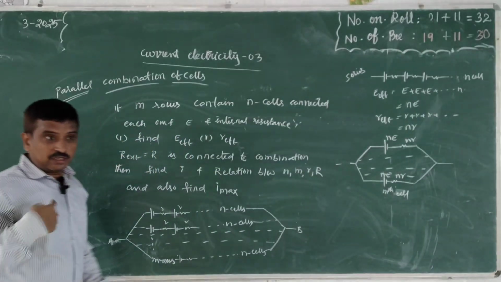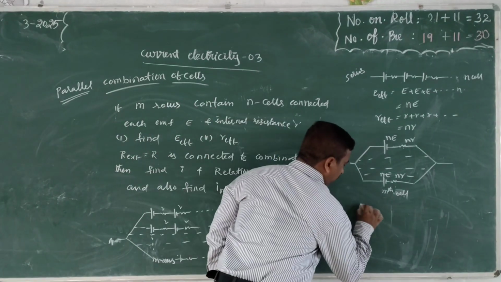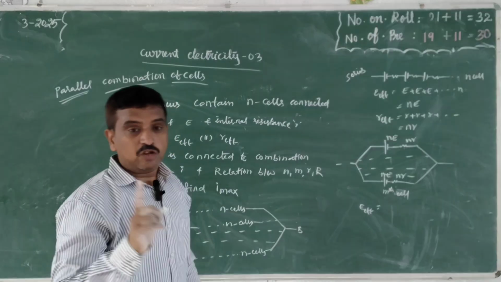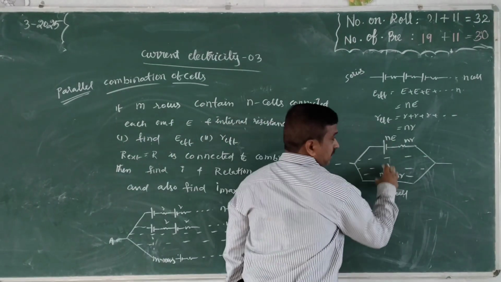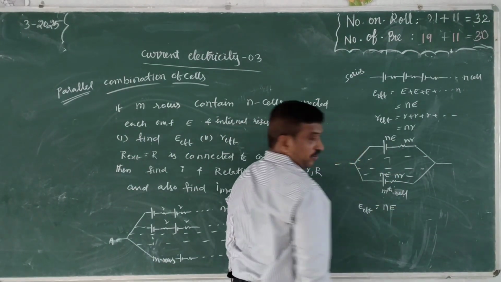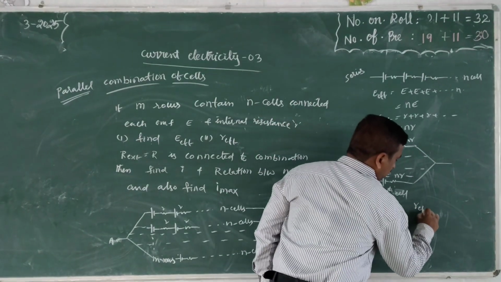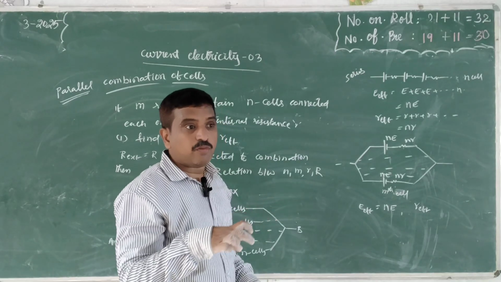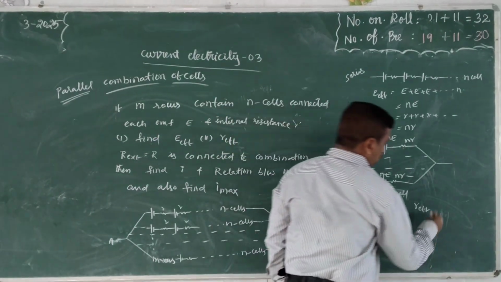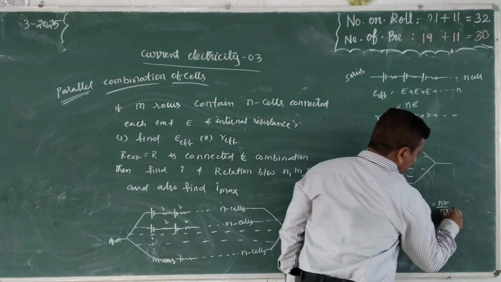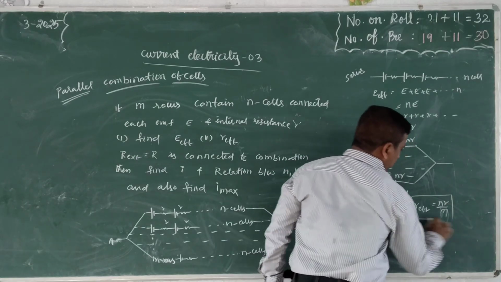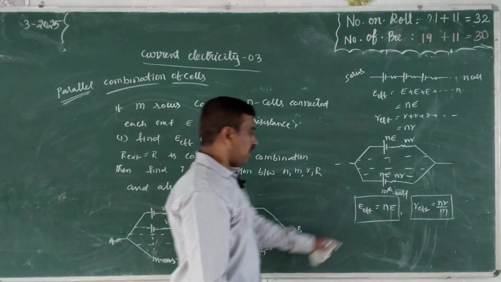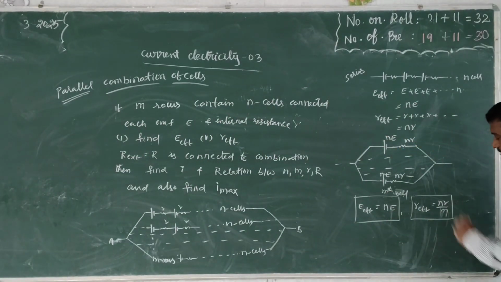What is the resultant EMF? In the parallel case, the effective EMF equals the EMF of any one row, so the net EMF is nE. The effective resistance is the magnitude of resistance divided by the number of rows, so nr by m.